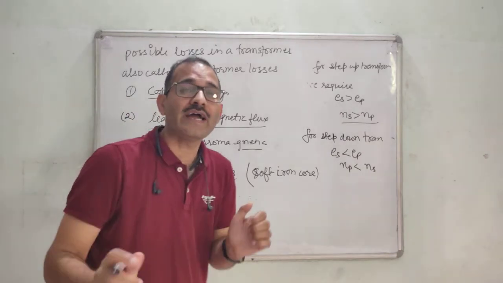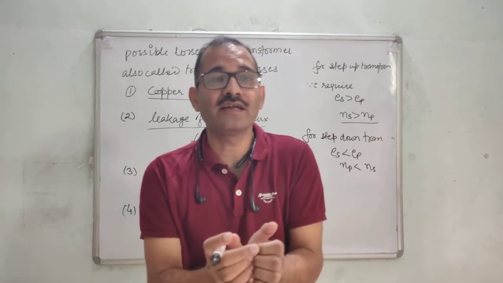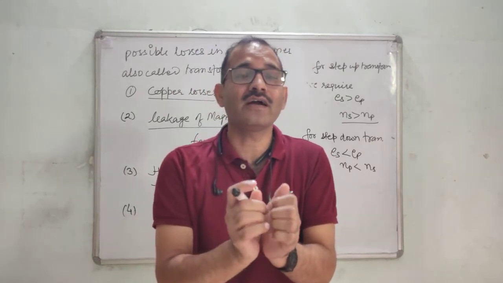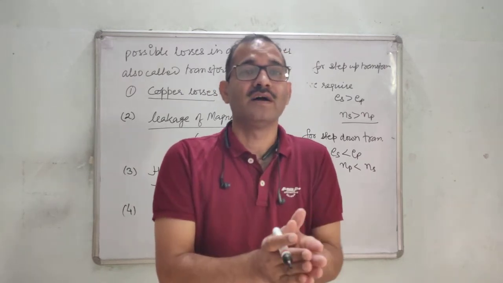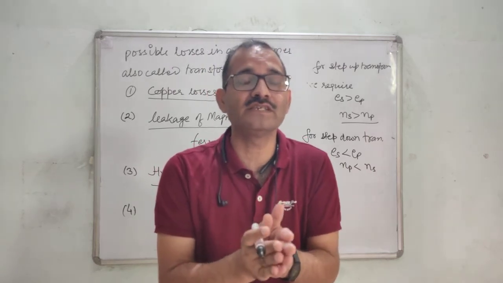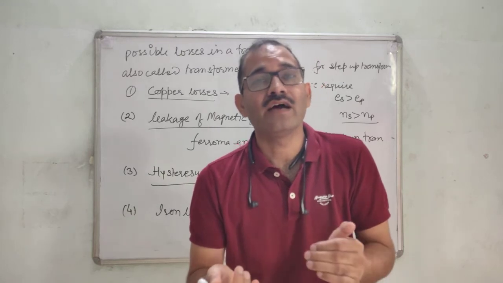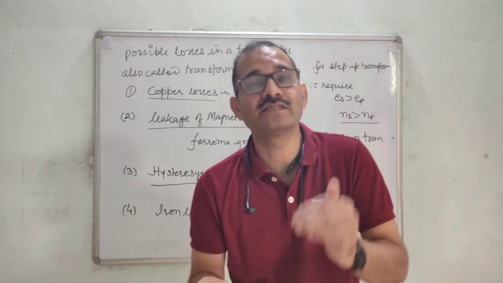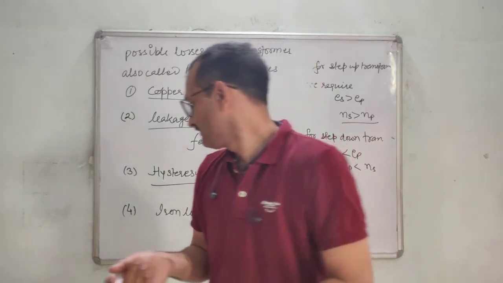Now, how do we minimize the eddy currents? We have already discussed this. We do not take a bulk of soft iron. We take laminated sheets. By increasing the number of sheets and decreasing the thickness of each sheet, we are increasing the resistance. Therefore, the magnitude of eddy current decreases, and the loss due to eddy currents will decrease.